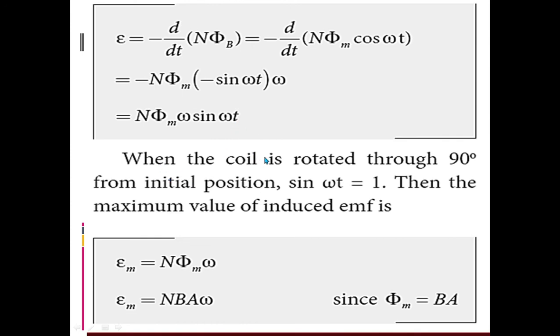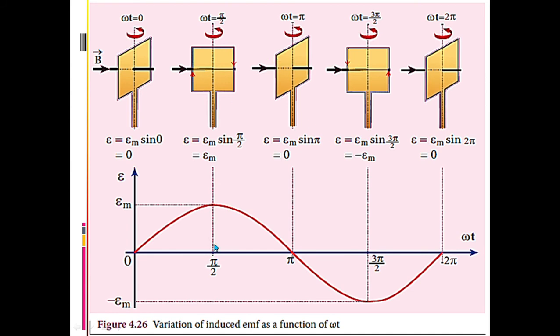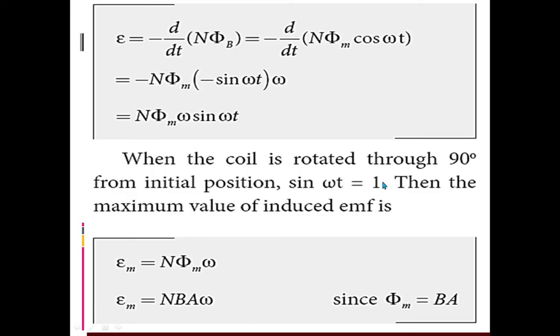When the coil is rotated through 90 degrees, it produces maximum EMF, that means sin ωt = 1. Then the maximum value of induced EMF is ε_m = N φ_m ω.